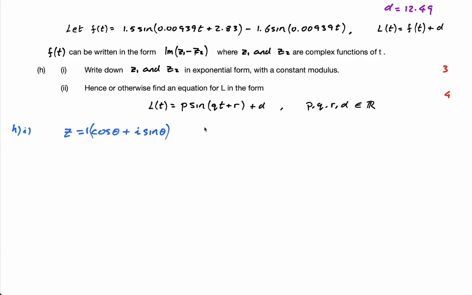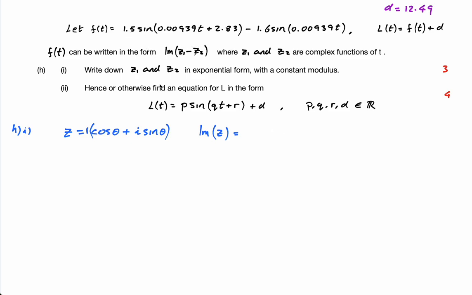The imaginary part of this z is just going to equal r sine theta. So the imaginary part of z here is going to be the 1.5 sine of this. So theta is essentially whatever's in this bracket, and the r is just the 1.5.